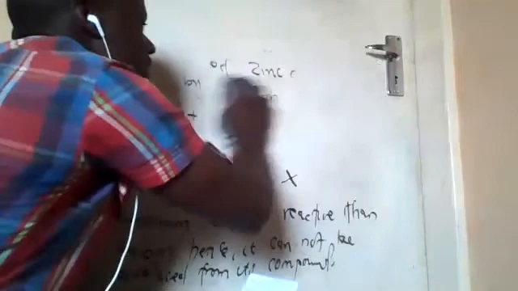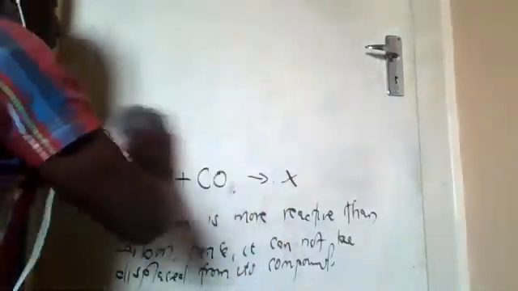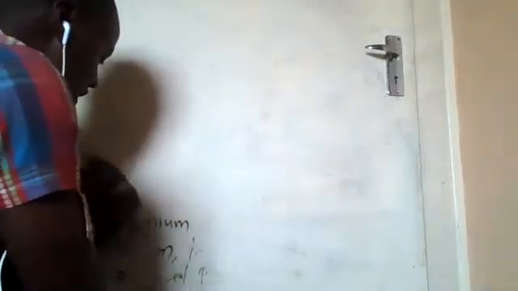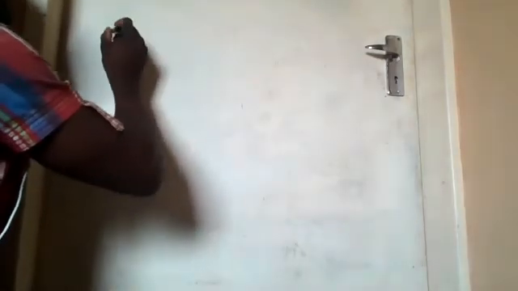The first stage is the roasting of zinc blende in air so that the zinc sulfide is converted to zinc oxide. That zinc oxide is the one that will then be subjected to the actual reduction. You react the zinc oxide with carbon monoxide so that carbon dioxide is produced as a byproduct together with the zinc metal.